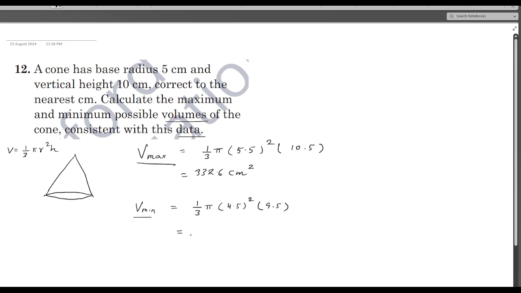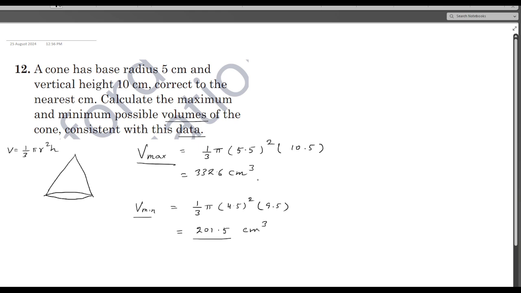So minimum volume we will consider 1/3 times pi times 4.5 square times 9.5. This gives you result as 201.45. So 0.45 I will consider as 0.5. So 201.5 centimeter cube. This is volume, so it's not square, it's cube.